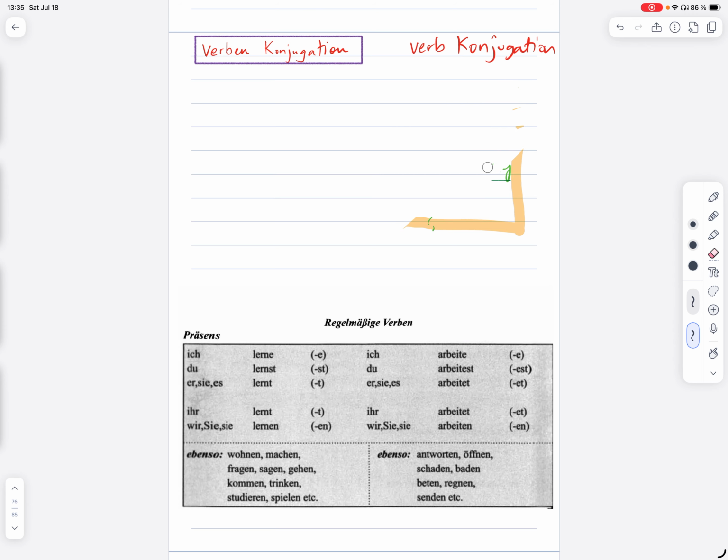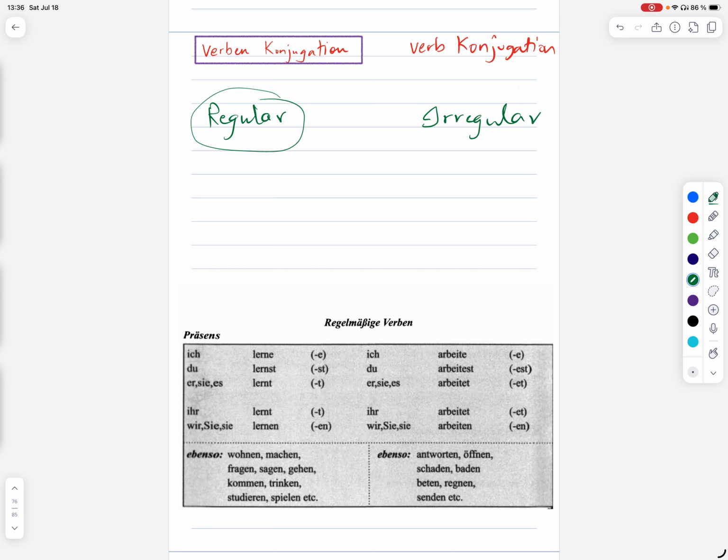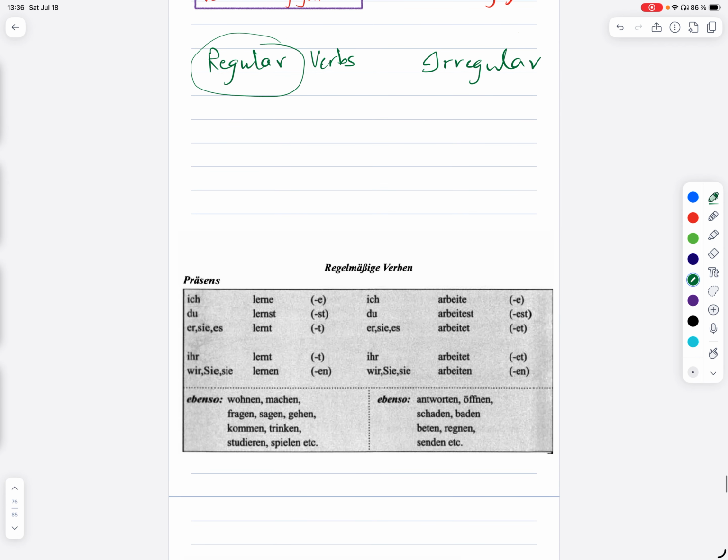So in the first case, we will start just with the regular verbs in German. There are two kinds of verbs, regular and irregular. First we will only look at the regular verbs in German and how the conjugation happens as the subject changes.